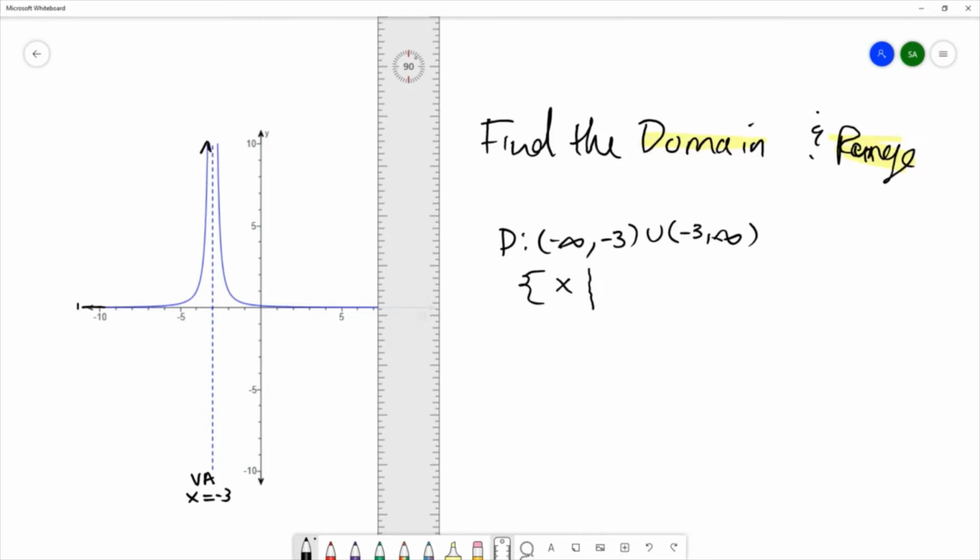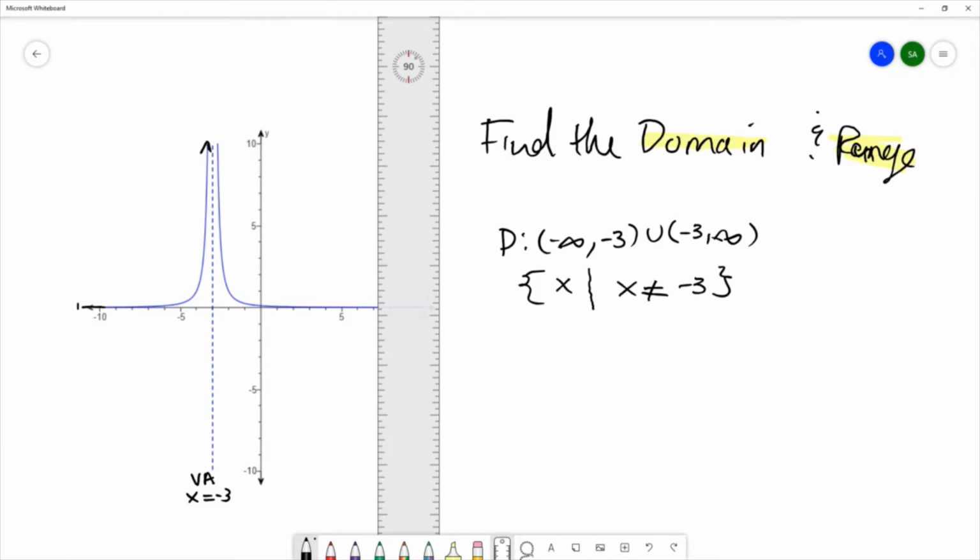That vertical line means such that, and what comes after the vertical line are the restrictions on that variable. So for this example, the only restriction is that x cannot equal -3. It can be any other real number besides -3.